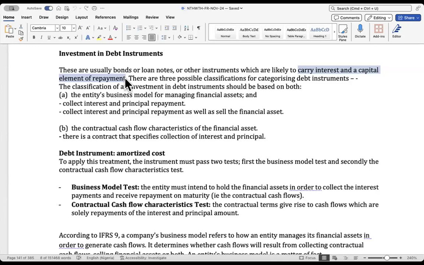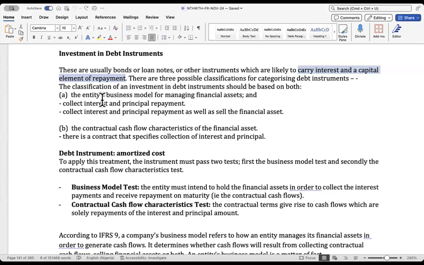There are 3 possible classifications, but before I go to those, let me tell you the basis for the classification.